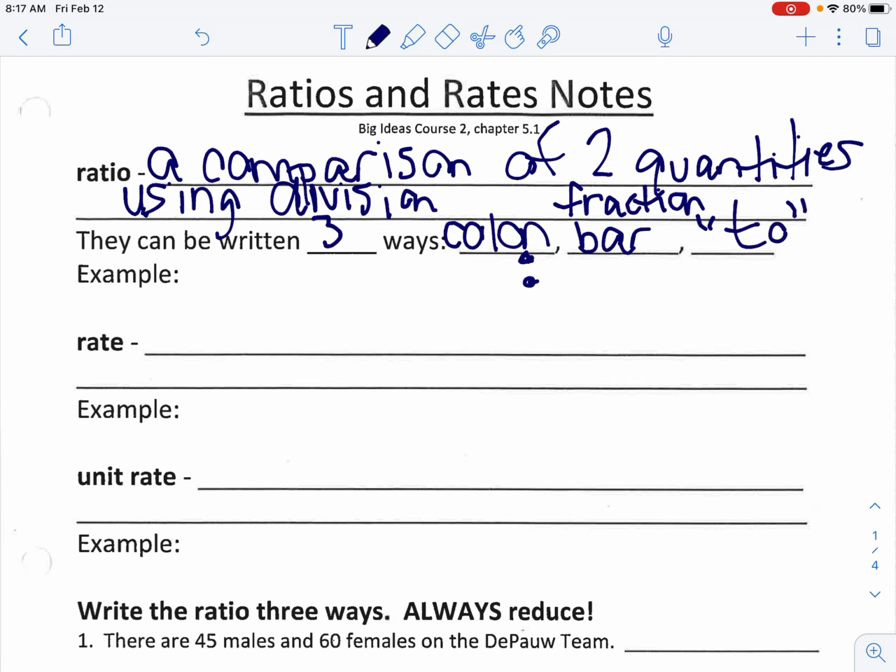All right, so if I have 3 cats and 4 dogs, I could write that using a colon. I could say the ratio of cats to dogs at my house is 3:4, or 3/4, or 3 to 4.